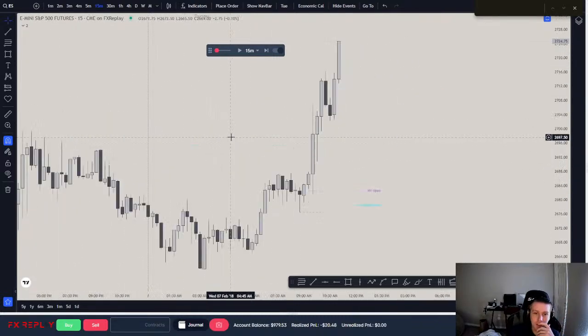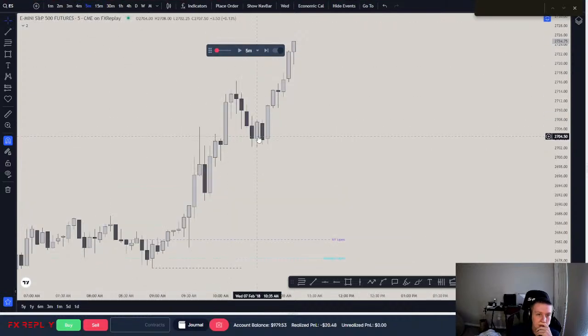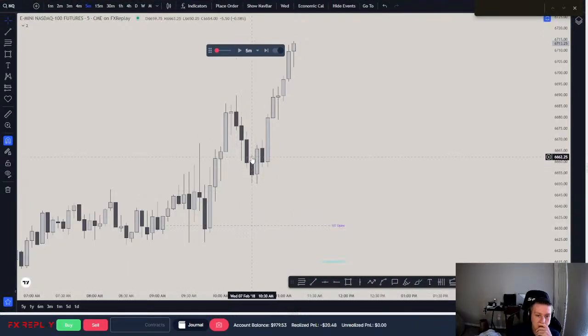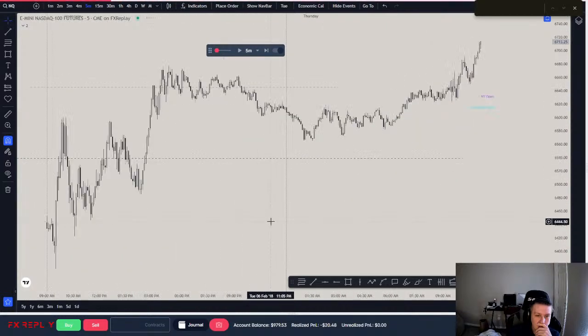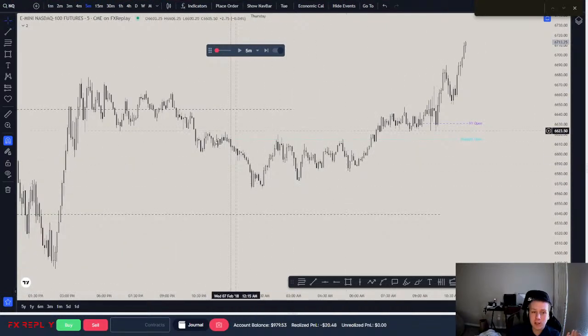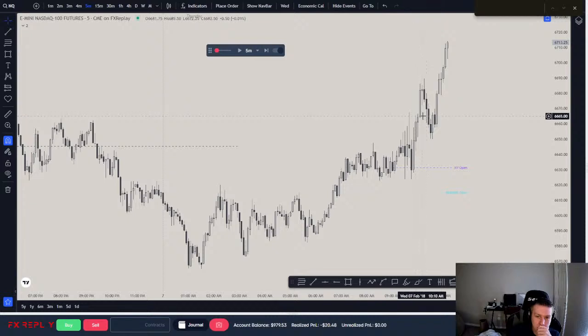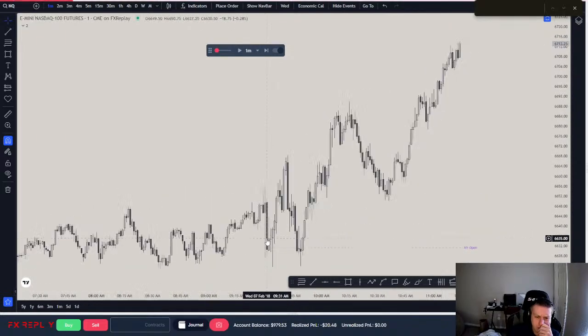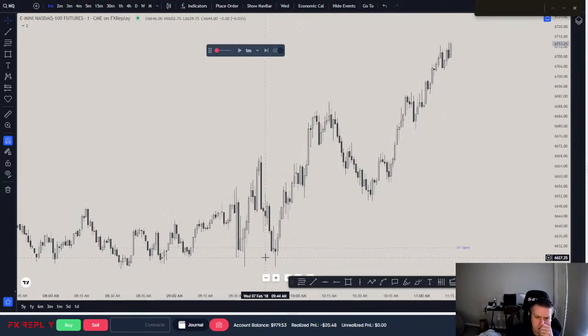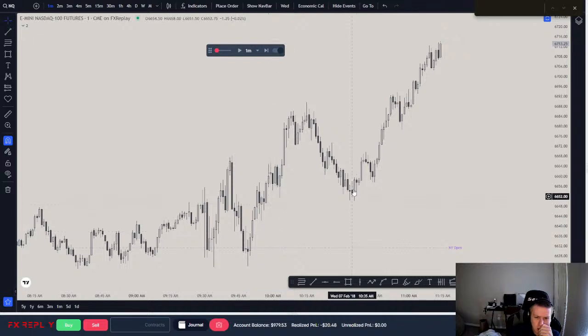That just would have been a loss that you would have taken. I still do like this area of liquidity. And Q wanted to reprice to its liquidity there. And we had equal lows. We left equal lows. That's cool. It's just part of the game.